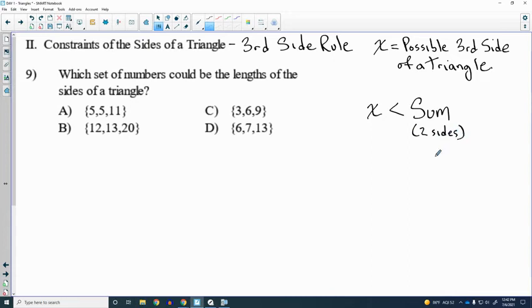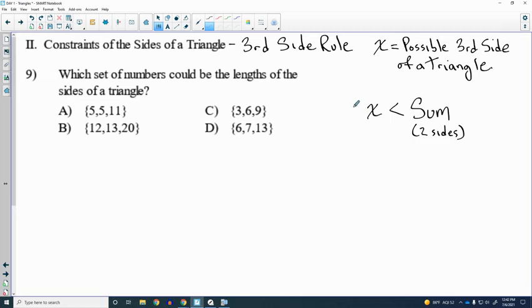The sum, of course, means that you're adding them. So if you take any 2 sides of a triangle and you add them, the third side has to be less, not equal to. No, it has to be less than that number.